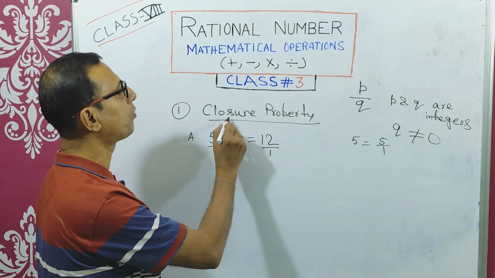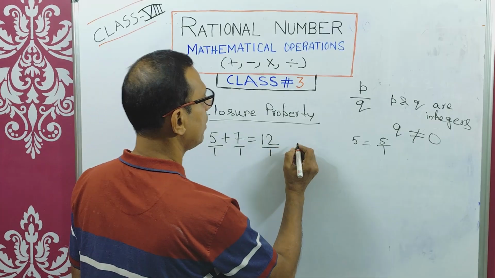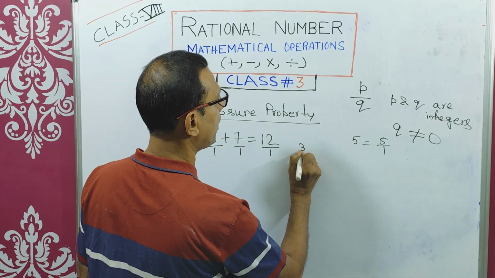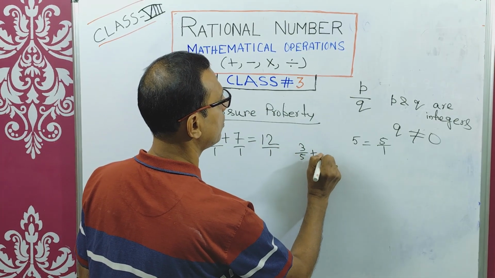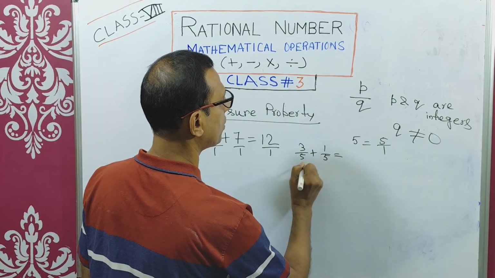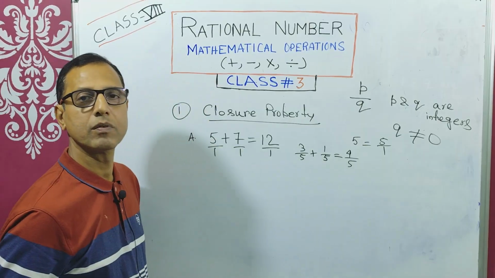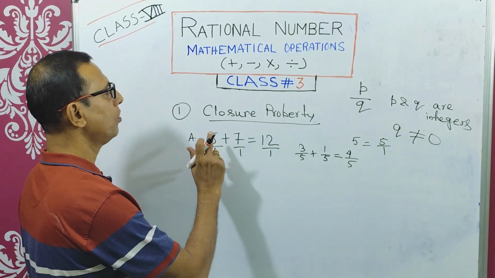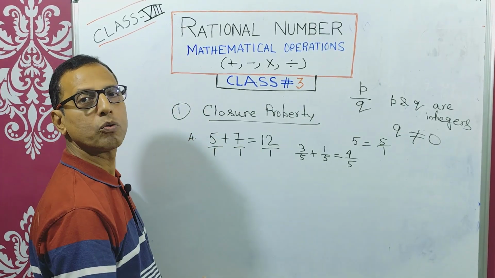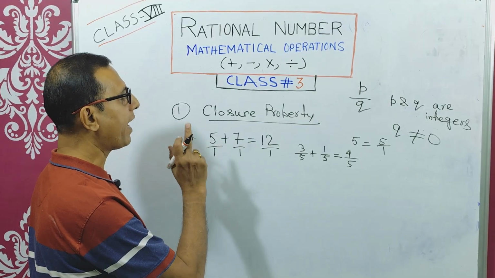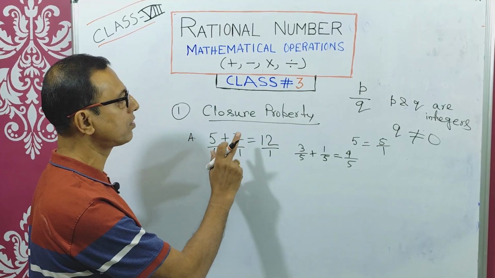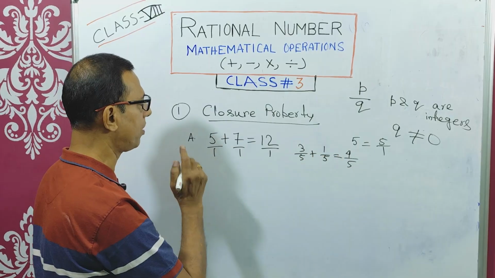That means it supports closure property. If I give fractions, 3 by 5 plus 1 by 5, both are rational numbers, and the sum is 4 by 5. So addition supports closure property. That means addition of two rational numbers returns a rational number.